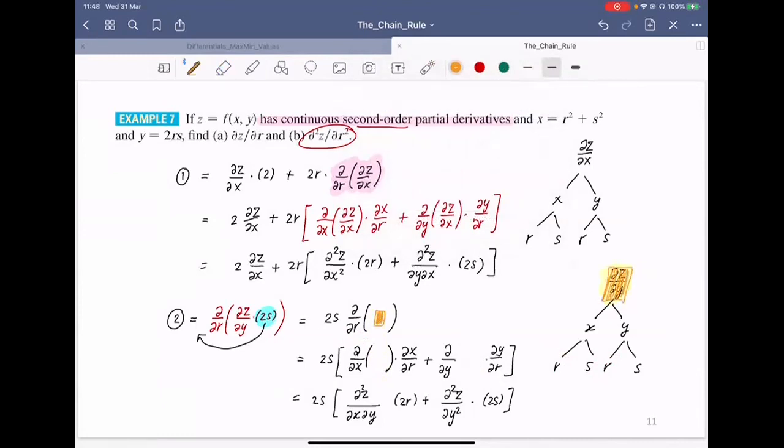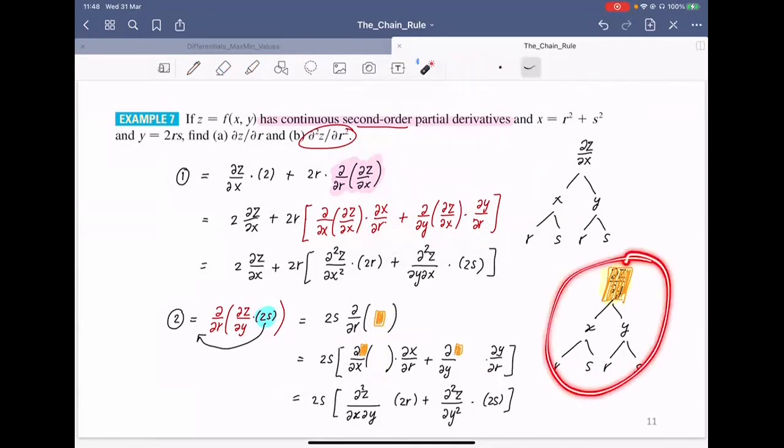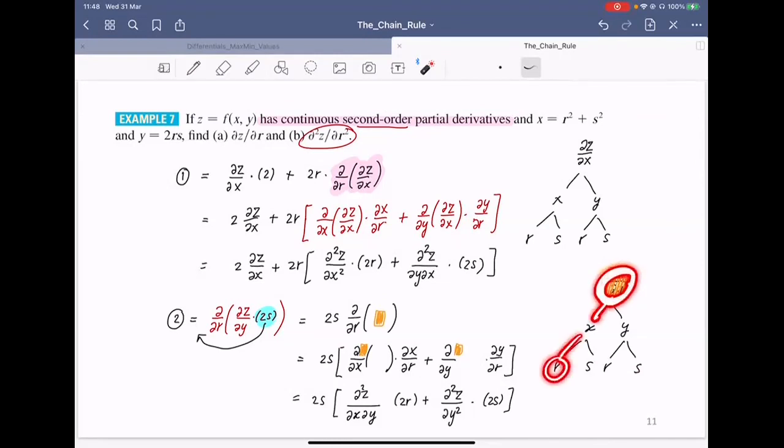So you differentiate the yellow thing with respect to x and multiply by x differentiated with respect to r, and then differentiate the yellow thing with respect to y and y with respect to r. This is because of the tree diagram, right? You differentiate the box with respect to r via x and via y.